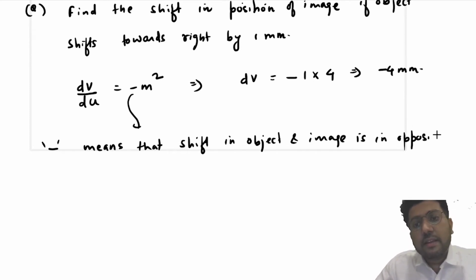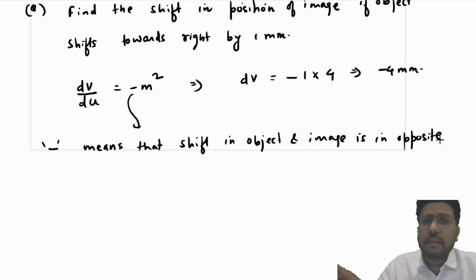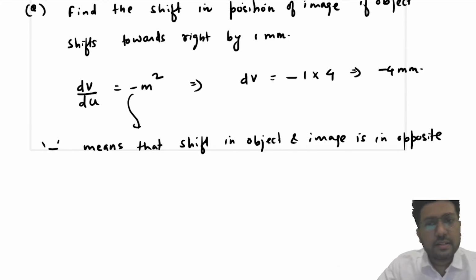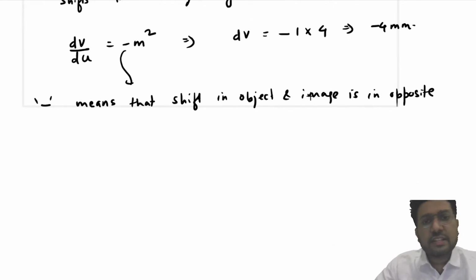If object is shifted towards right, image will shift towards left. If object is shifted towards left, image will shift towards right. So negative means that shift in object and image is in opposite direction.